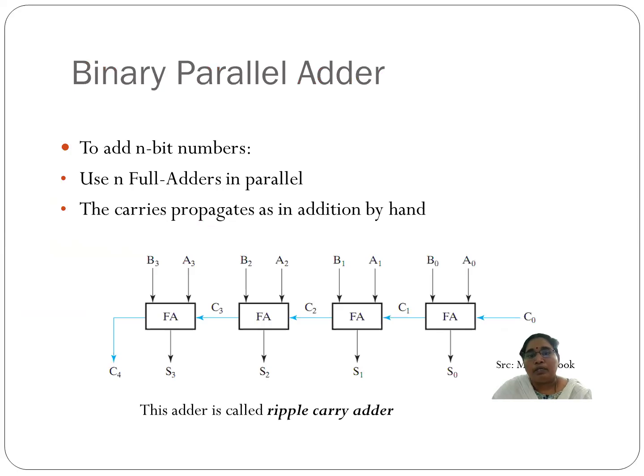So if 1 nanosecond is the propagation delay of one full adder stage, then n nanoseconds is the propagation delay to get the final sum result. So that is the drawback of this circuit. Otherwise, it can perform addition. So it is a bit slow when compared with other pure combinational circuits.